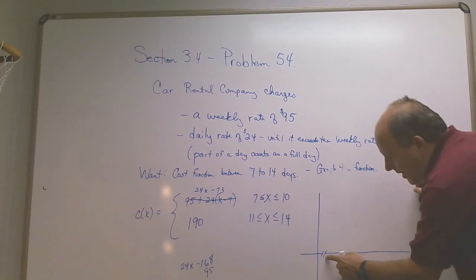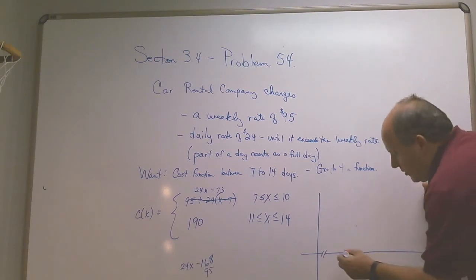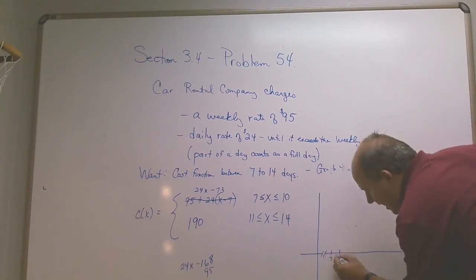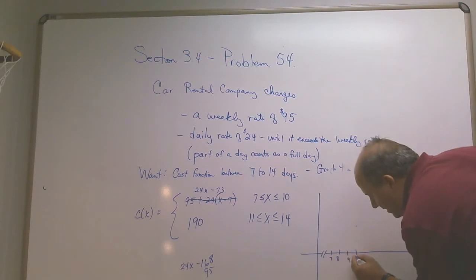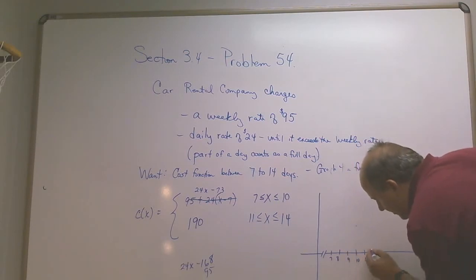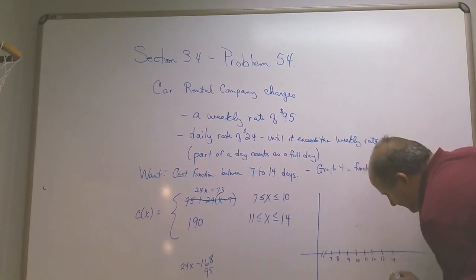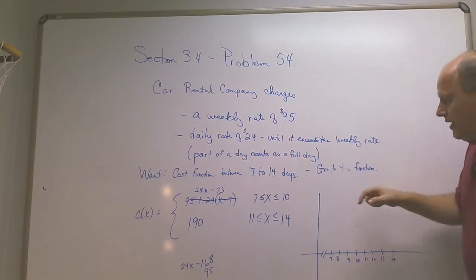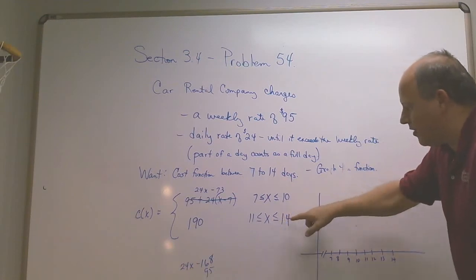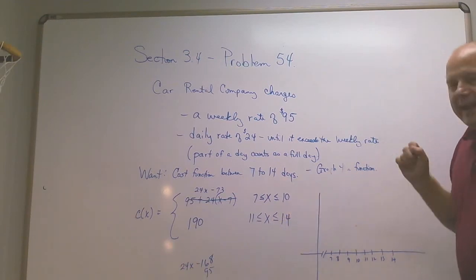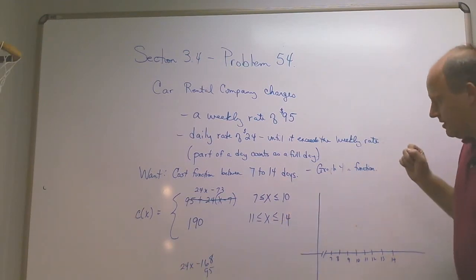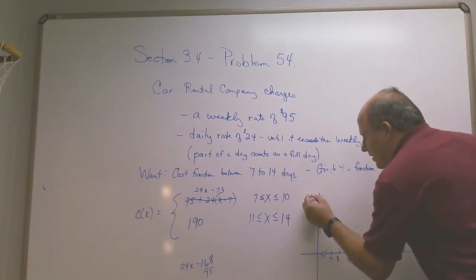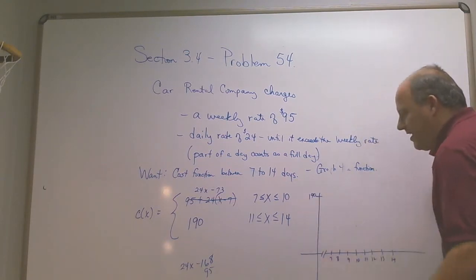So this is a little break in the graph, and so then you're interested in 7, 8, 9, 10, 11, 12, 13, and 14. And then between the 11th day and the 14th day, it's a flat charge of $190. So it appears at 190. You're like, why do you put 190?